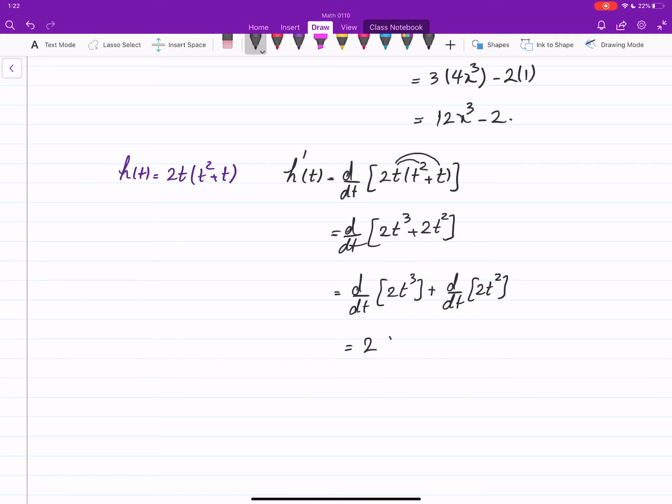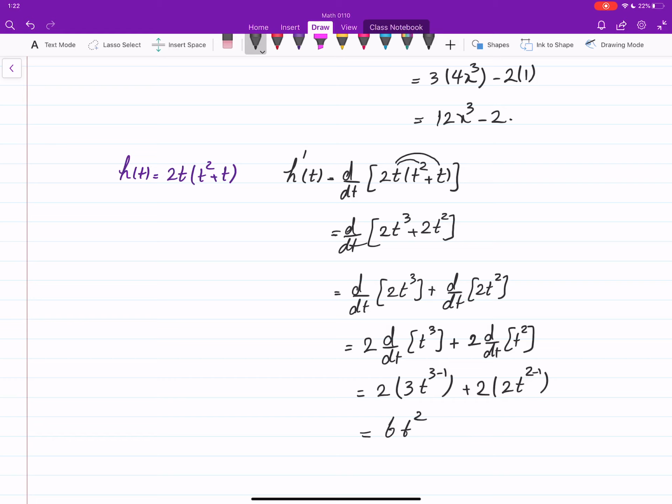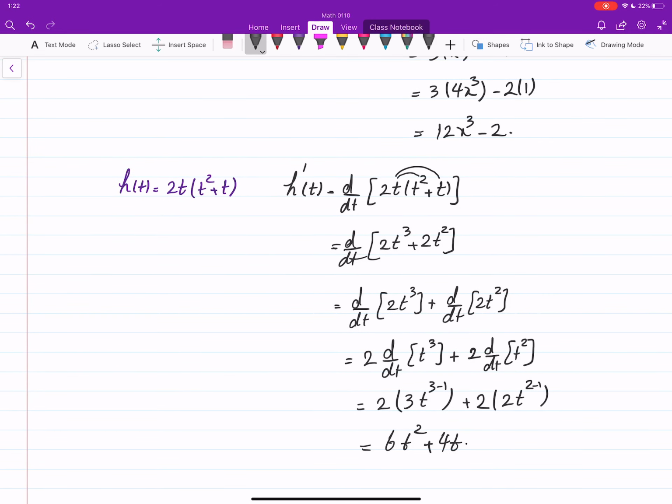The constant multiple rule lets the 2 come out, and another 2 here, d dt of t squared. Then derivative of t to the power 3: 3 comes up front, t to the power 1 less, plus 2, t to the power 2 minus 1. Now we have 6t squared plus 4t. The derivative of that function is what we found here.